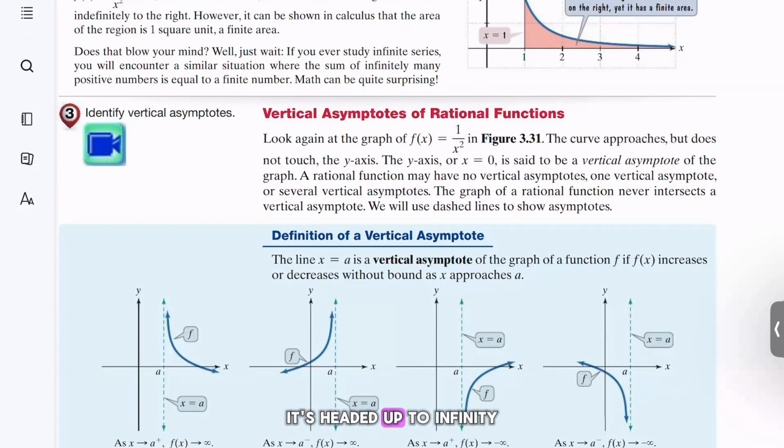It's headed up to infinity. It's going to consistently move up, but it's never going to cross that line. That dotted line that says A, it's never going to touch it, it's never going to cross it. It'll get really, really close, but it's never going to cross it.